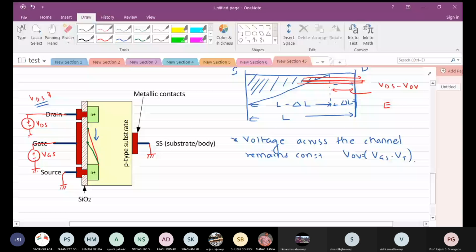But as we have seen, the channel length effectively decreases by delta L. And if you carefully see the equation, the drain current is inversely proportional to the length from the previous equations.